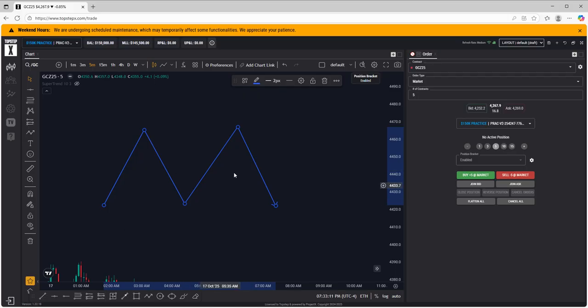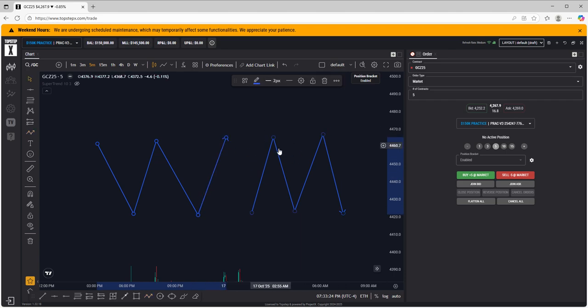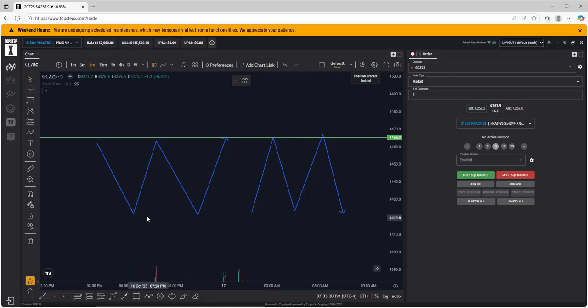It doesn't always have to look like this, but it's a good reference point for identifying liquidity. Your double tops are going to look like this, and your double bottoms are going to look like this.